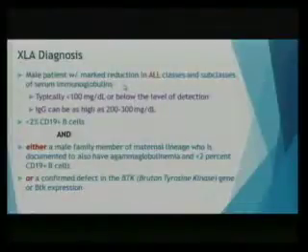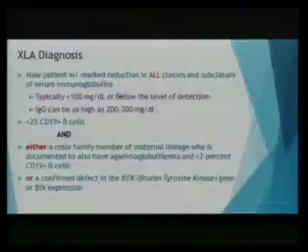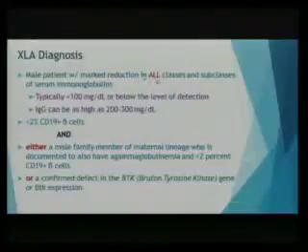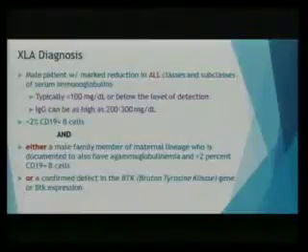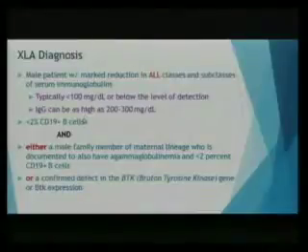And so you would consider this when you have a male patient, as you can see, it's X-linked, and you see pretty much a marked reduction in all classes and subclasses of serum immunoglobulin levels, and typically it's less than 100. You can get the IgG sometimes a little bit higher, around 200 to 300. But the big finding is that when you do flow cytometry, you'll see that less than 2% of the B cells are there.